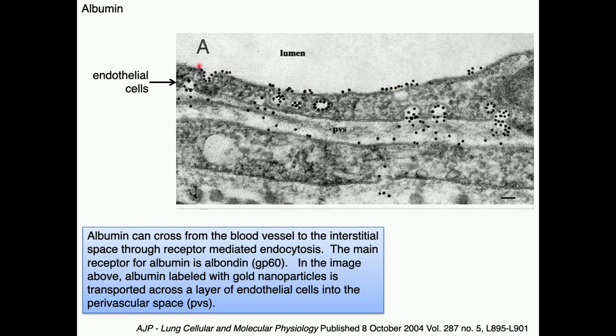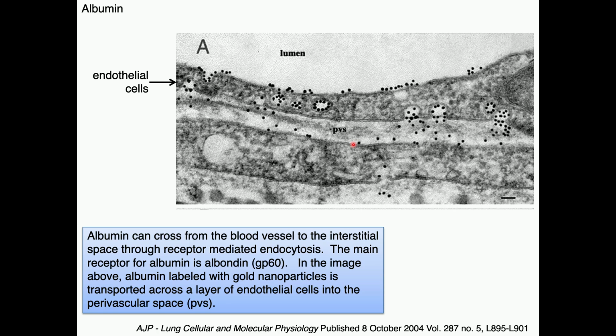Then you can see an invagination in the endothelial cell here. That's receptor-mediated endocytosis. And then here's a little vesicle that's transporting the albumin across the endothelial cell and into the perivascular or interstitial area here.